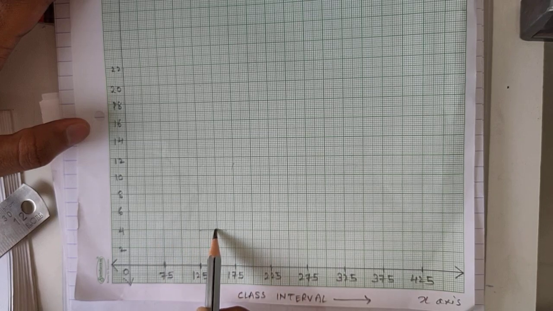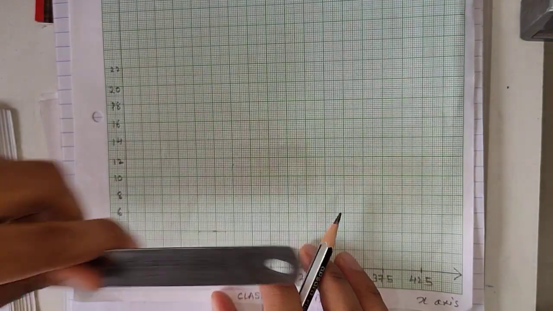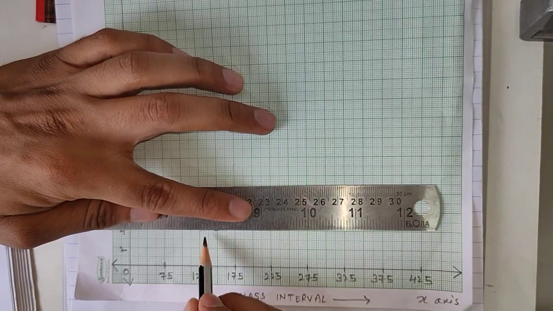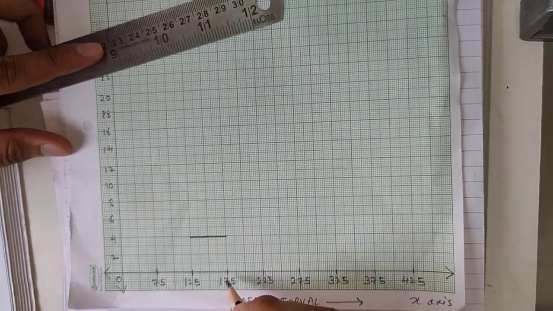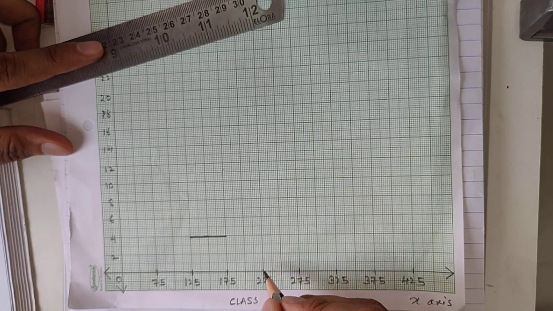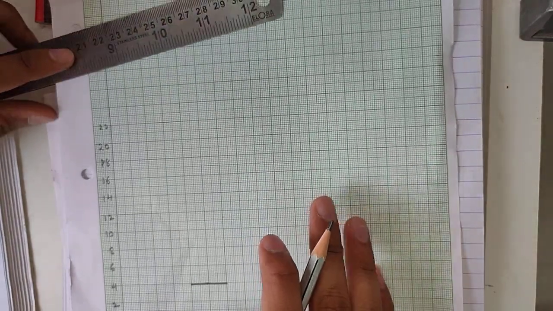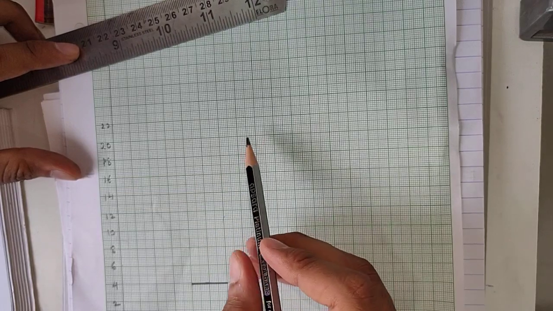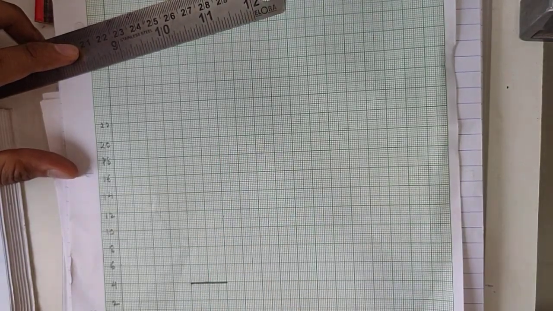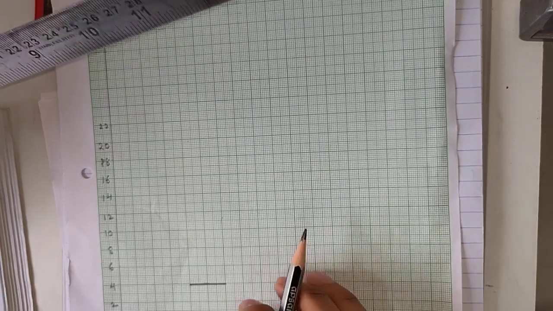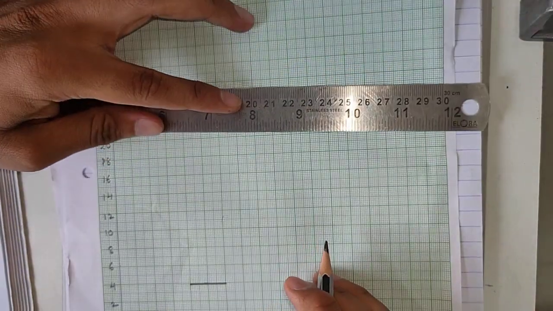So this is the value. Then from 175 to 225 is 20 directly. So where is 20? 20 is here. I'll mark 20 here.